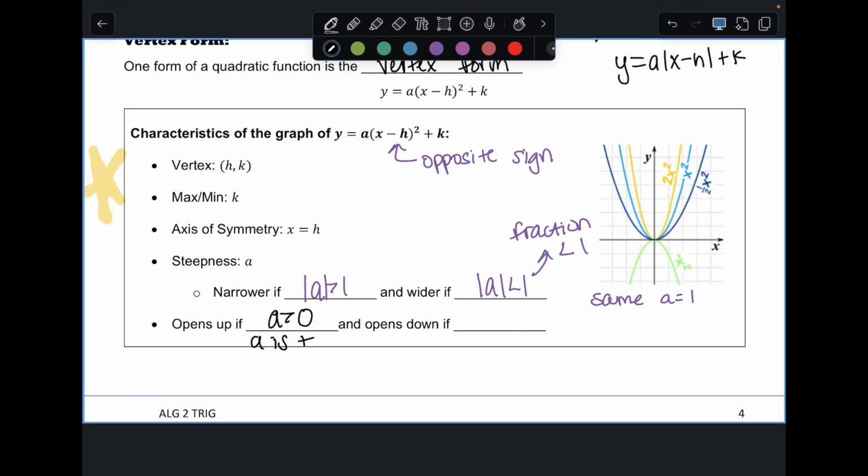That's like our blue and our yellow. It's going to open down if A is less than 0, if A is negative. If A equals 0, then we don't have a quadratic, so we don't even have to worry about it. So again, this is just like one of those 5 bullet points that you have to be able to know just being given an equation.